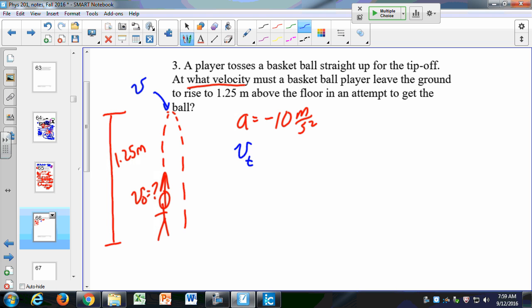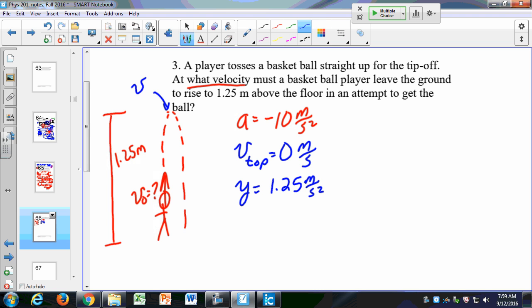Right, the velocity at the top is equal to 0. I know the distance, y, is 1.25. And I think that's all I need. Is that right? I think that's all I know.